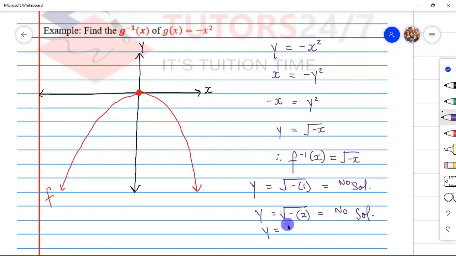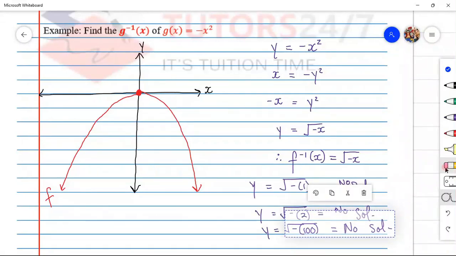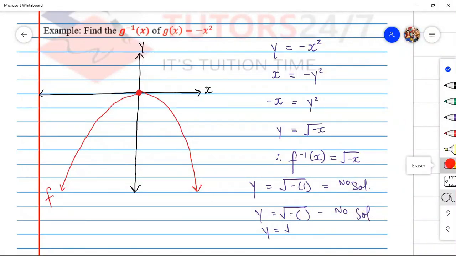And if we have y equals the root of negative, substitute, let's say 100, that is also going to give us an error. So that shows that all of the positive values of x will not give us a y value. It's just going to give us an error. So let's get rid of this. We now know which side of our domain or which side of our axis we need to restrict.